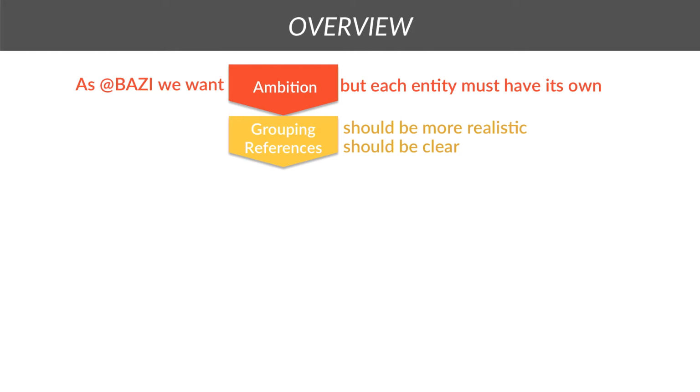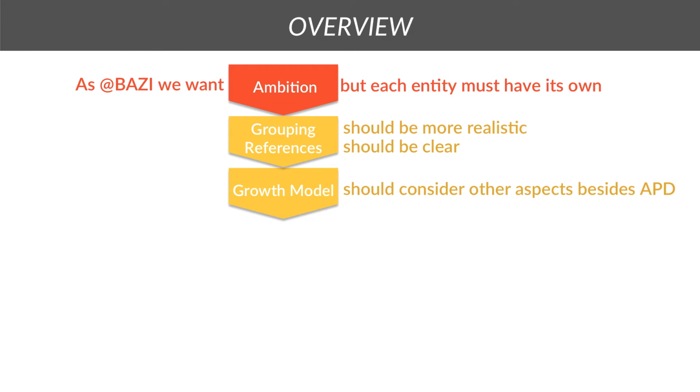When we talk about grouping, it should be more realistic, understanding the complexity of an entity. The references should be clear, so I should look at the OD model and understand exactly who is good in what and what I'm good at that I can teach the network. The growth model should consider other aspects besides approved, as I told you.